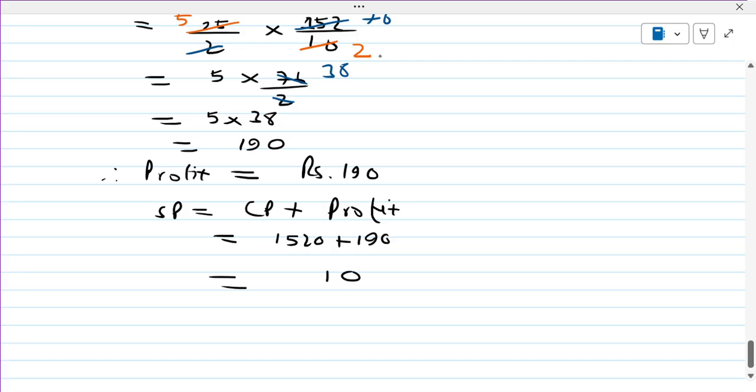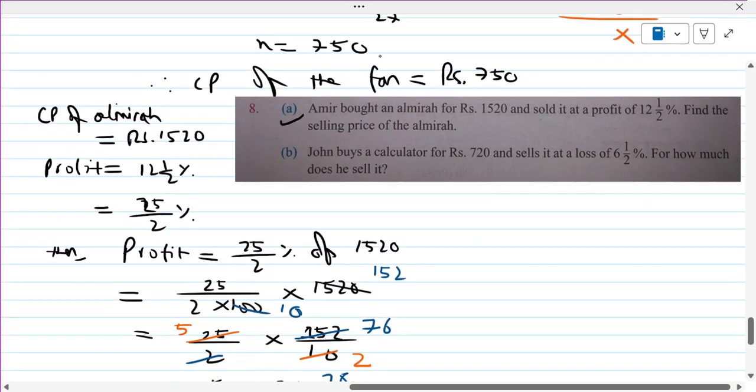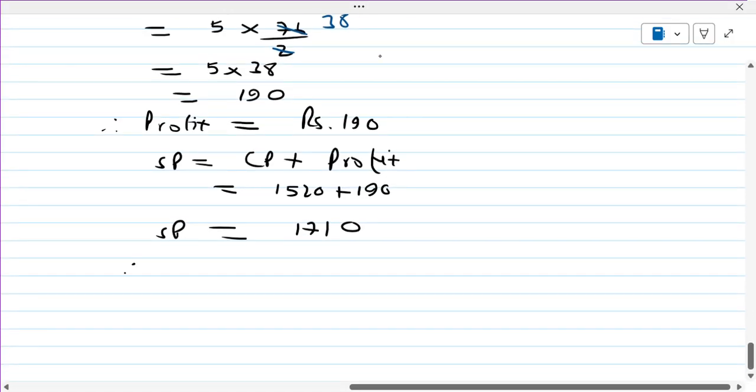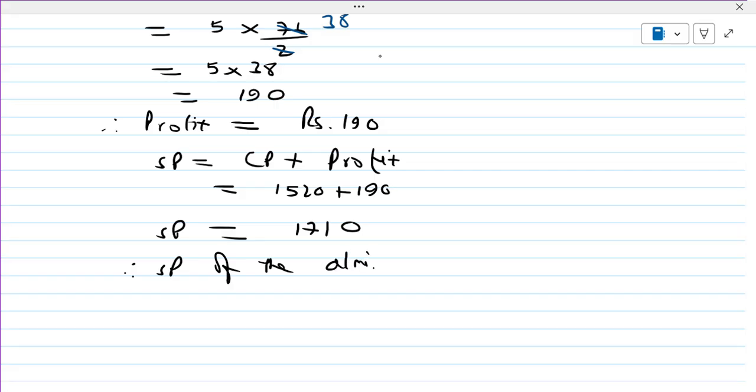So 0 and 9 is 9, 2 and 9 is 11, and 5 and 6 is 6 and 1 is 7, 1 the same. So the selling price is 1710. Therefore, the selling price of the Almira is rupees 1710.